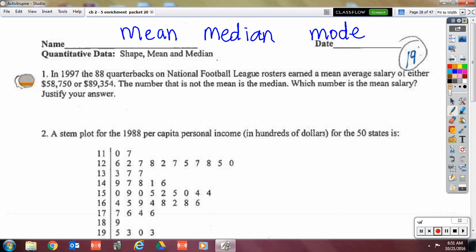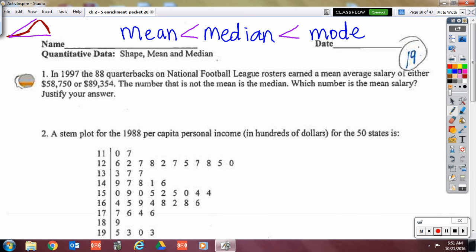One year I had a student show me this trick, and I've used it ever since, and it's really helped. If you write the words mean, median, and mode in alphabetical order, then you draw an inequality in the shape of the distribution. For example, if you have one that is skewed left, remember skewed left shows a stretch to the left, then we're going to draw an inequality that points to the left.